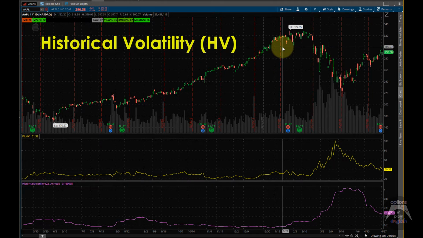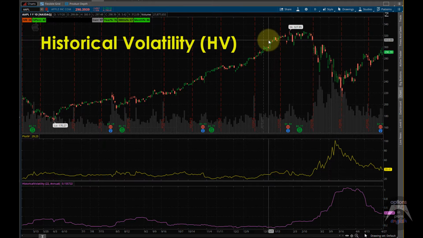And if we go to a certain point, say for example here, and we take a look at a period in the past, say for example 20 days, and we measure the fluctuations that Apple had in its price, then we can get a measure of the variance, and the square root of variance is going to give you the volatility.